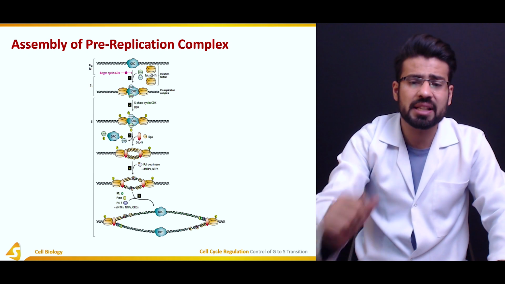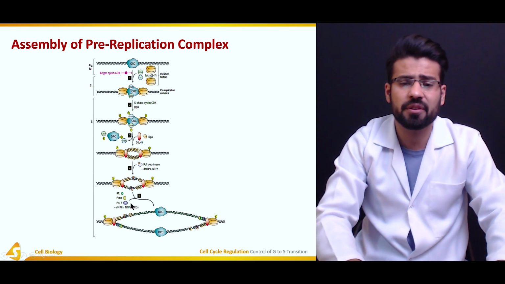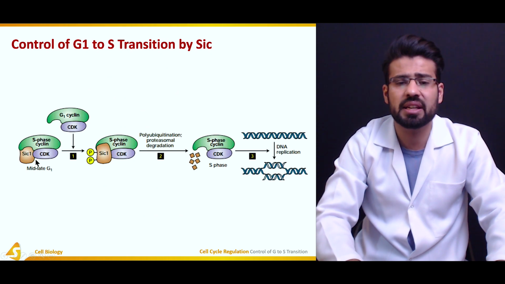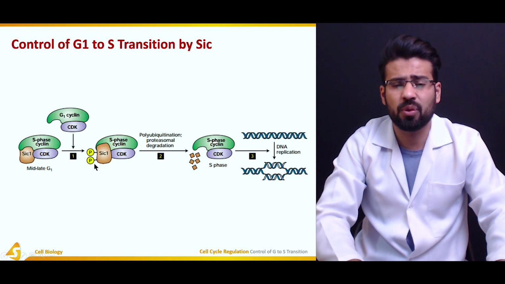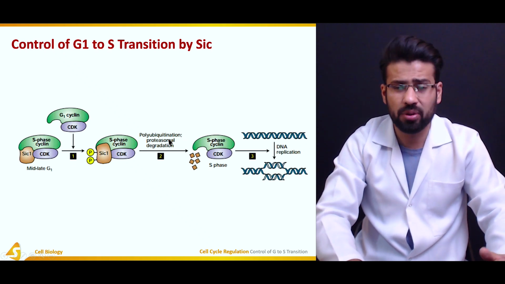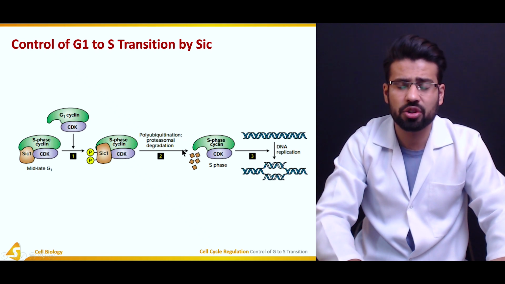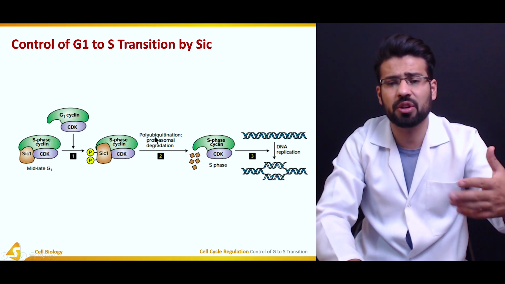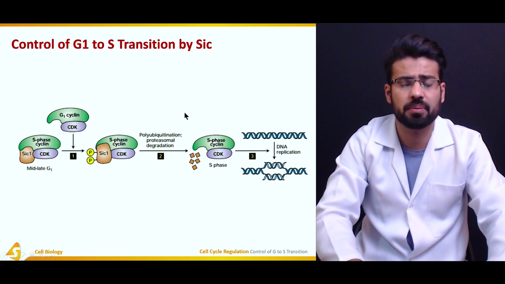That S-phase cyclin CDK was activated, as you can see in the previous slide, by the action of the G1 cyclin CDKs when they phosphorylated the SIC1 protein, and this phosphorylated SIC1 was a signal for polyubiquitinylation by tagging with ubiquitin molecules, and this was followed by proteasomal degradation.